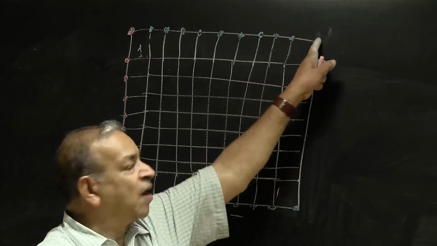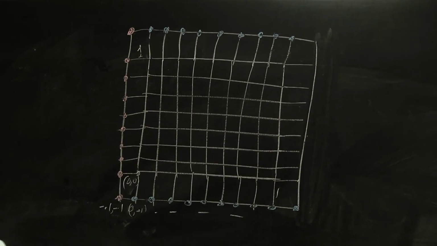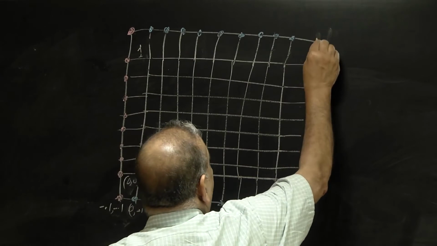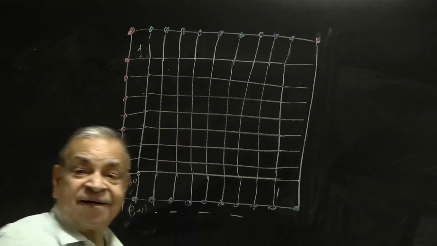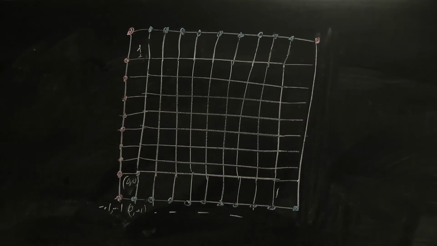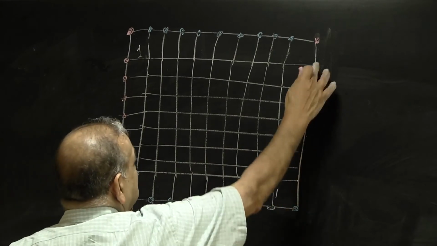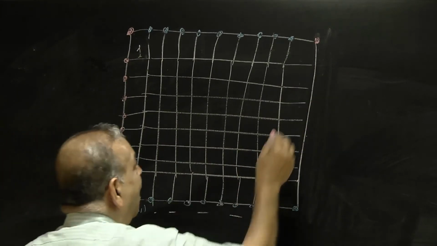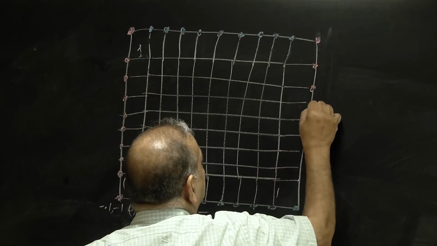Now what will be this one? Pink. Why? Because both coordinates are highest, but priority is given to the girl. Agreed? Now here, this one will be pink. All these will be pink, you can check it.